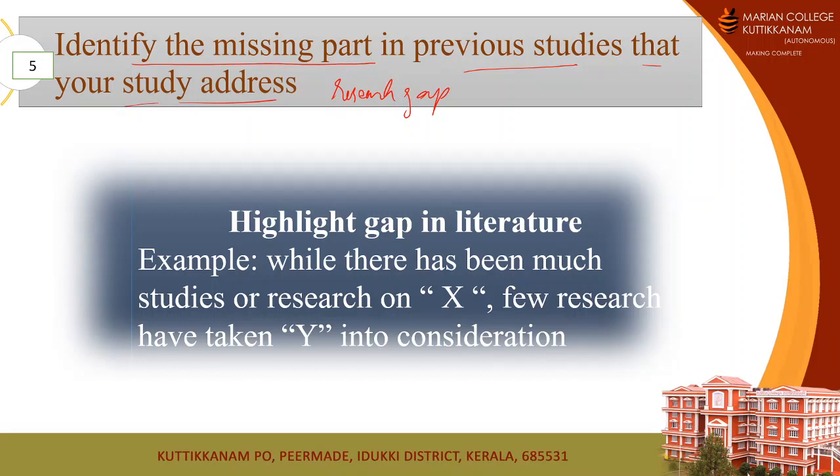For example, you can highlight this gap in the literature like this: while there has been much study or research on X, few studies have taken Y into consideration. This is your research gap, and your study is going to address this gap in the literature.